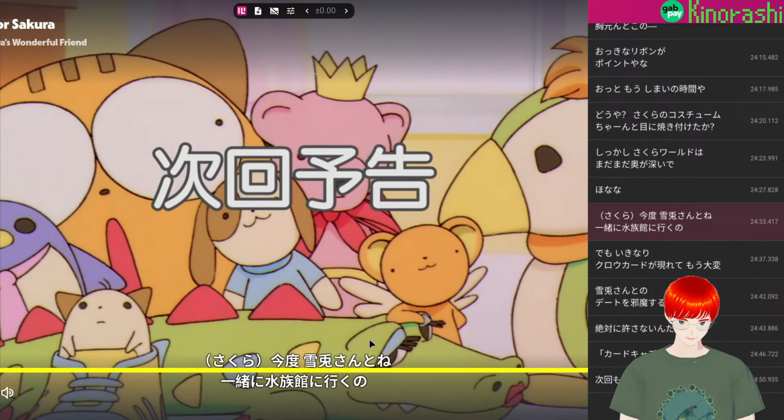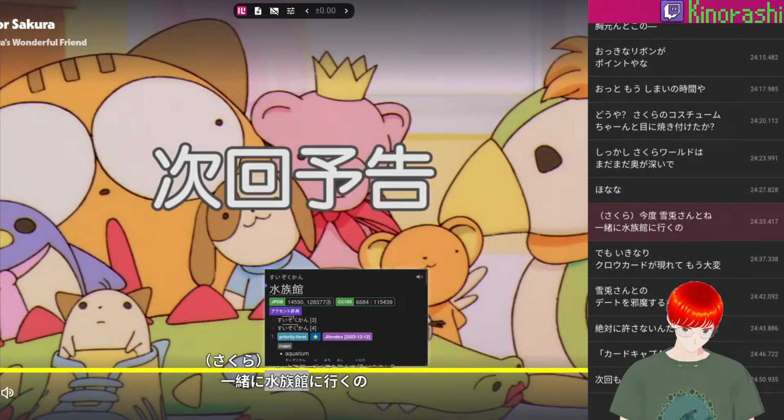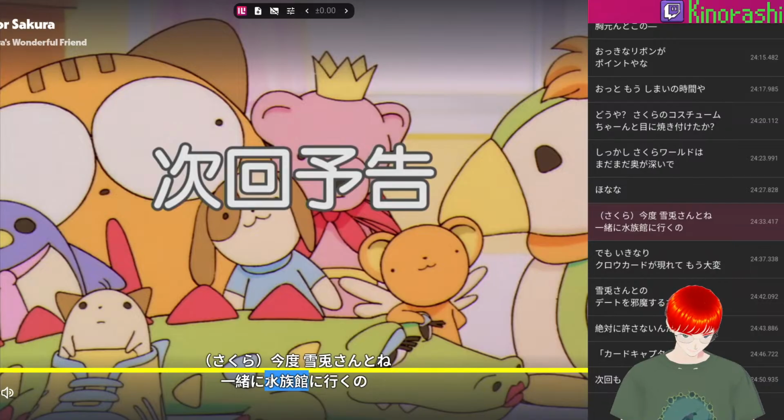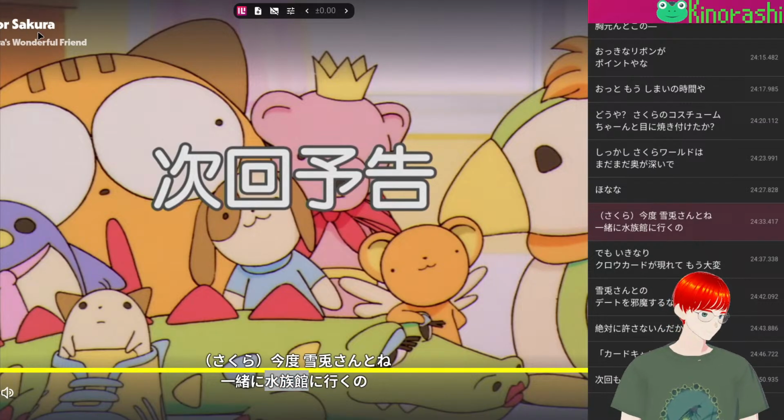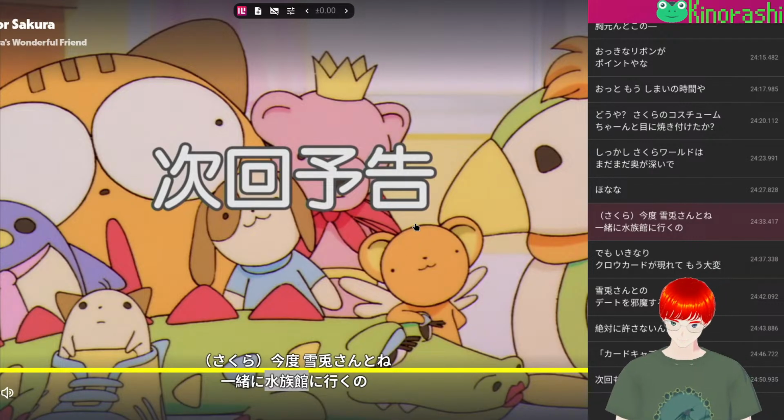Kondo Yuki-san, so next time with Yuki-san, let's see, issho ni suizokukan, aquarium. I saw this word when I was in Japan. Let's see what it's made from. Sui is water, zoku is tribe or family, then building.